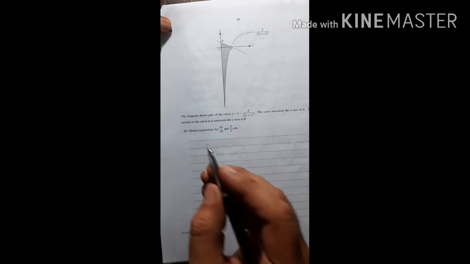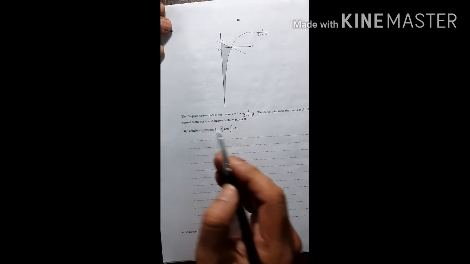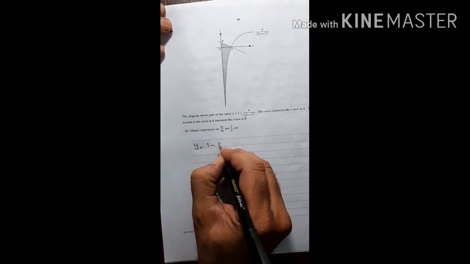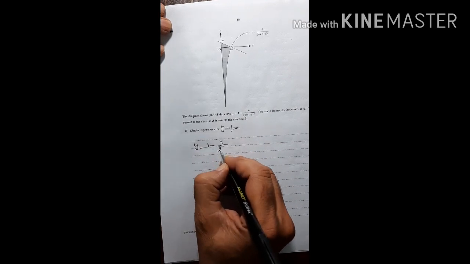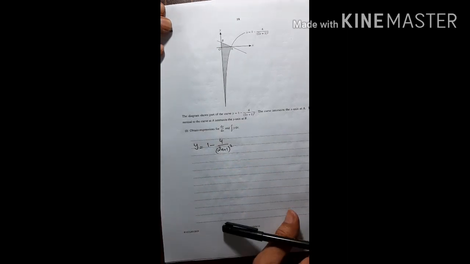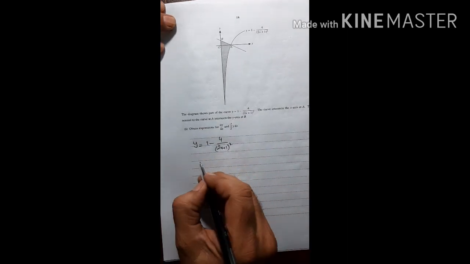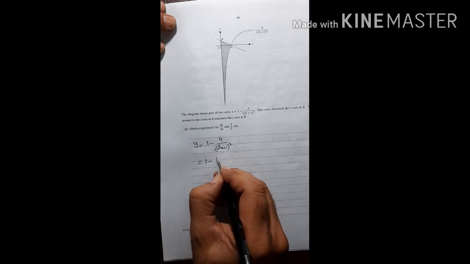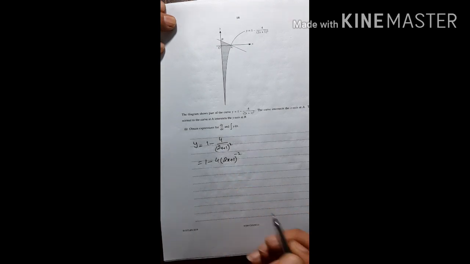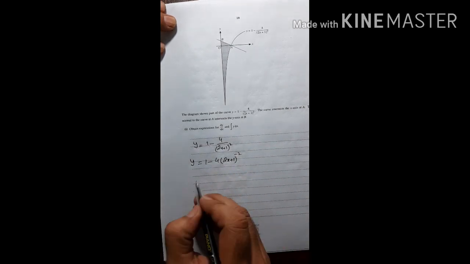Okay, first of all, the dy by dx. We know y is 1 minus 4 over 2x plus 1 whole square. This is y. So I can write it as 1 minus 4 into 2x plus 1 power minus 2. So I'll differentiate it.